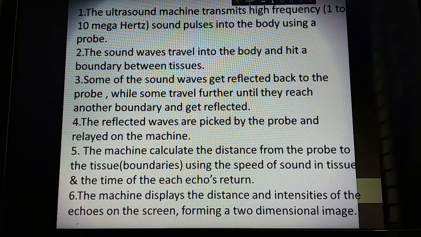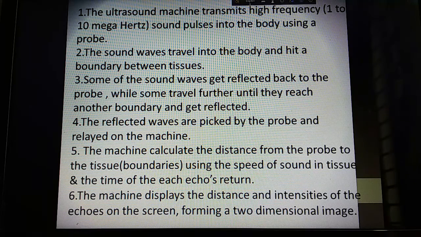The sound waves travel into the body and hit a boundary between tissues. Some of the sound waves get reflected back to the probe, while some others travel further until they reach another boundary and get reflected.